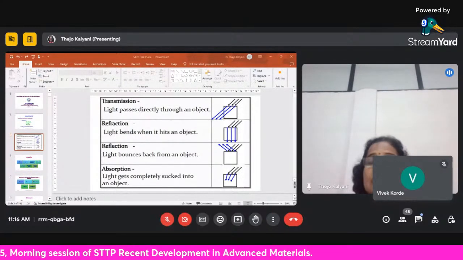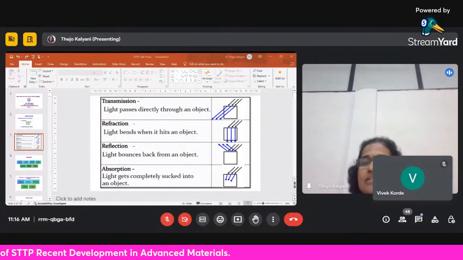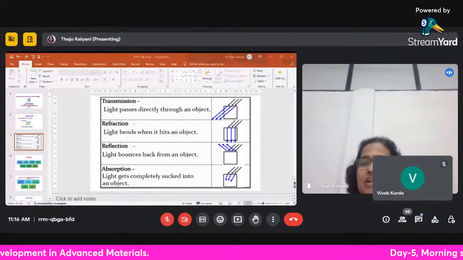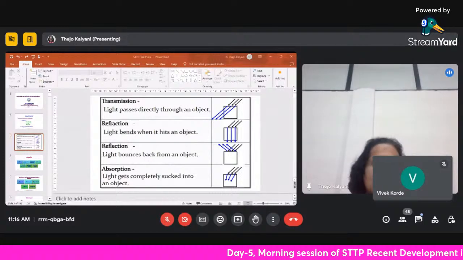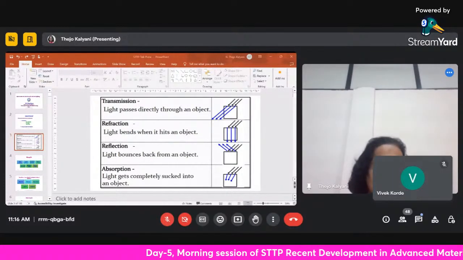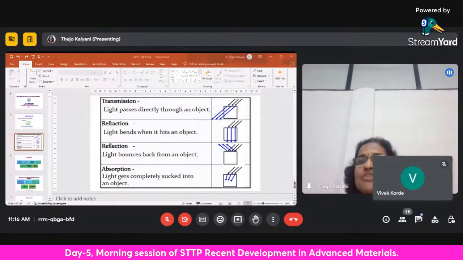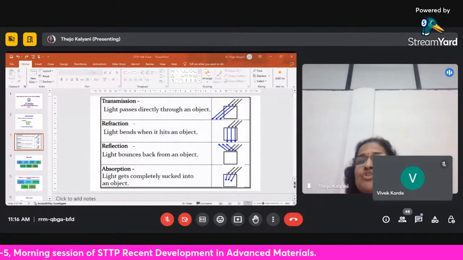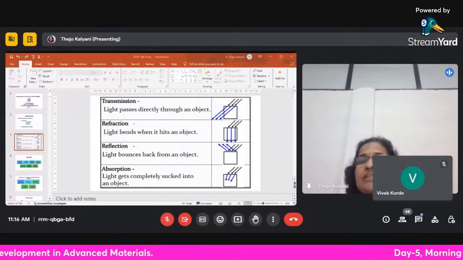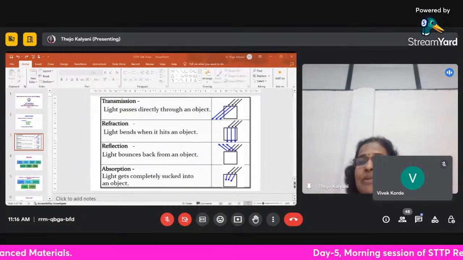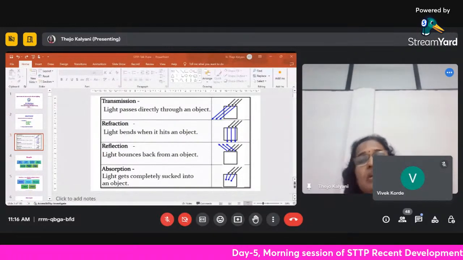Okay, so whenever we consider an optical material, in this case, we are saying that it's a glass. Suppose light is going to fall on such glass, and if light is not getting bent and is just directly passing through that particular glass, we can say that this process taking place is said to be transmission.